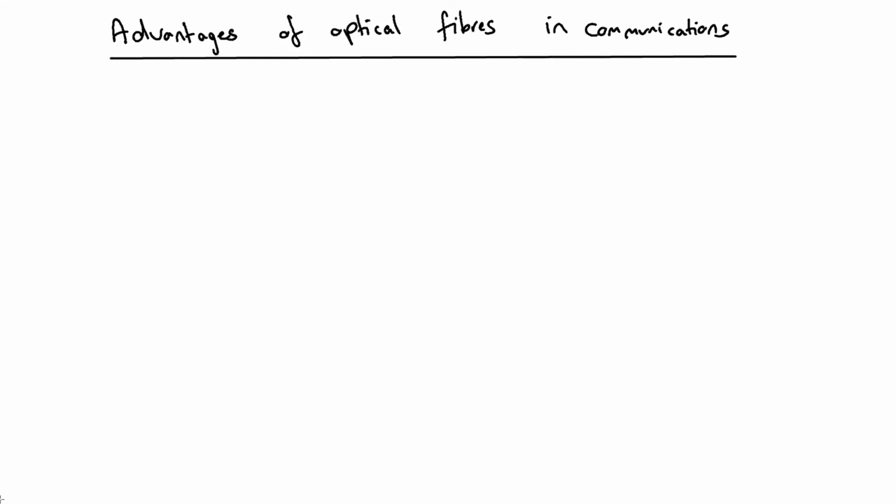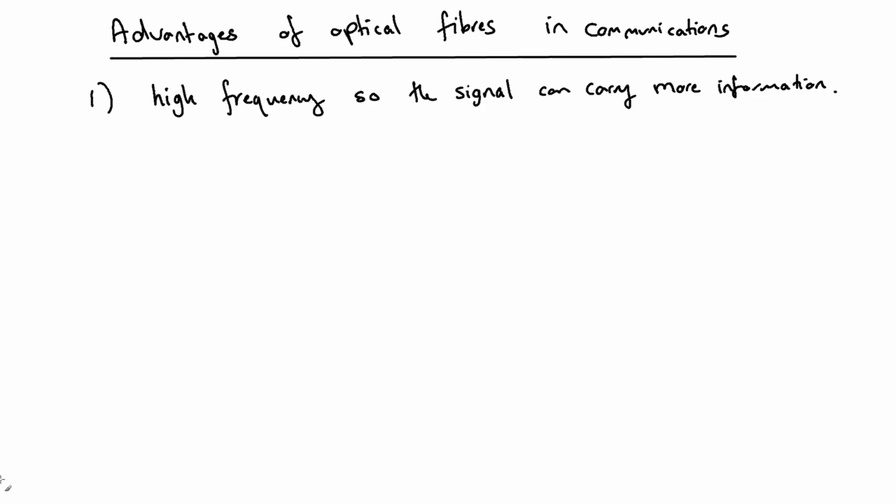As we've mentioned before, one key use of optical fibres is in communications. Compared to transmitting signals through copper cables, optical fibres have a number of key advantages, and we ought to be aware of what those are. One is that light has a high frequency, and that means the signal can carry more information. That's important, for example, for enabling things like high-speed internet.